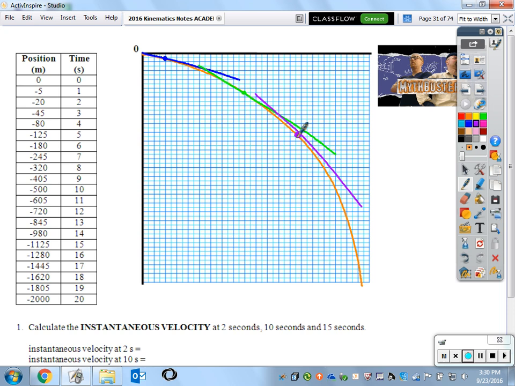Now, one more thing, I'm going to let you turn to your acceleration practice problems. The other assignment that is going to be due by next class. Okay? With your acceleration practice problem set, I want to let you know that you have several instances here where you will need to convert from miles per hour to meters per second.